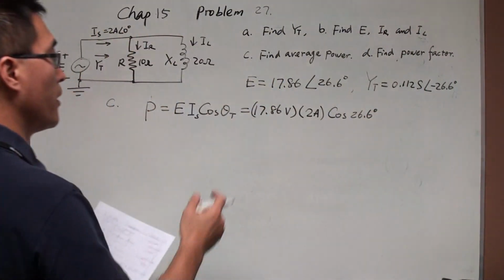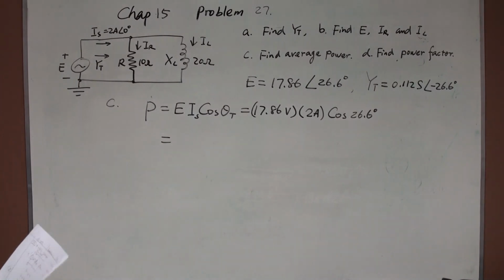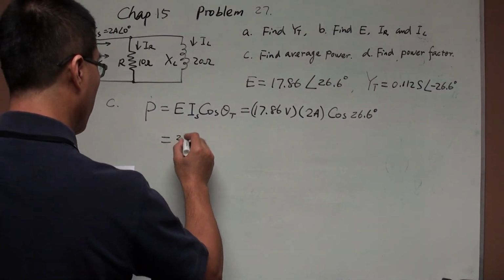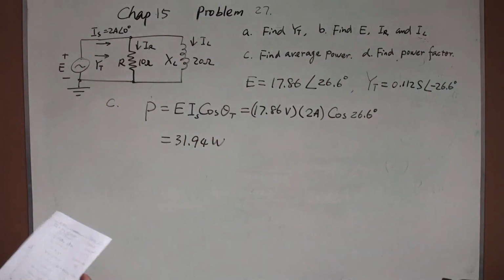This is the expression we can use to calculate the average power, and if you multiply all these values together, it's 31.94 watts.